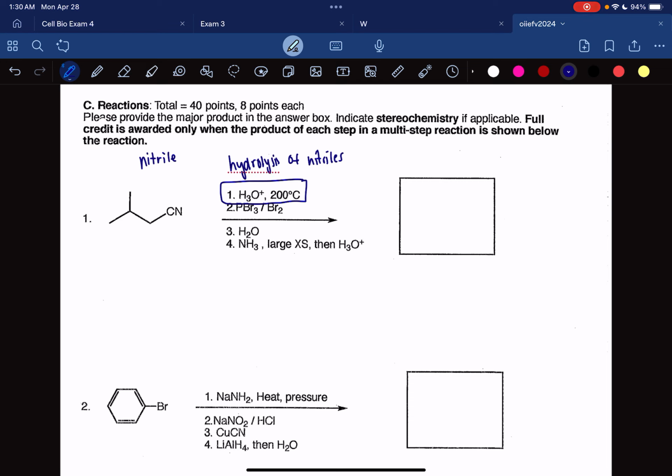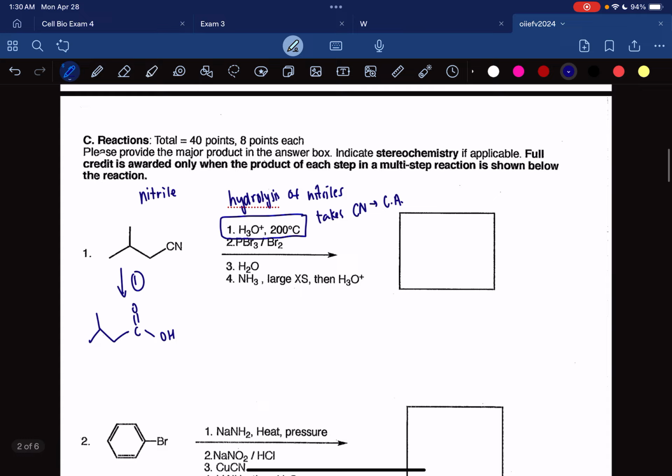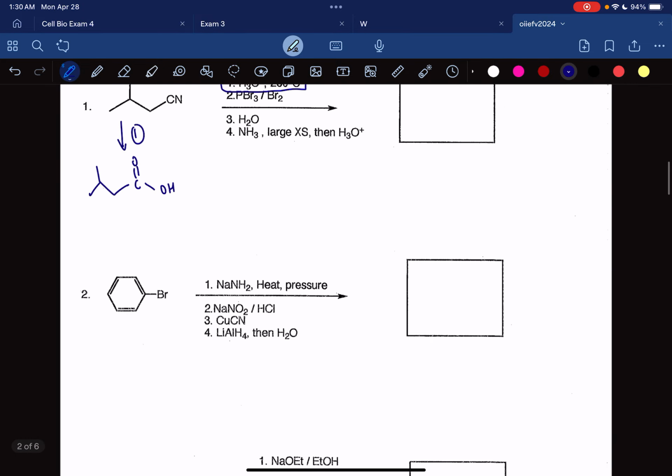So all this does is it takes CN to a carboxylic acid. So just draw your arrow in reaction 1. We'll make this CN into C, O, and OH, a carboxylic acid.